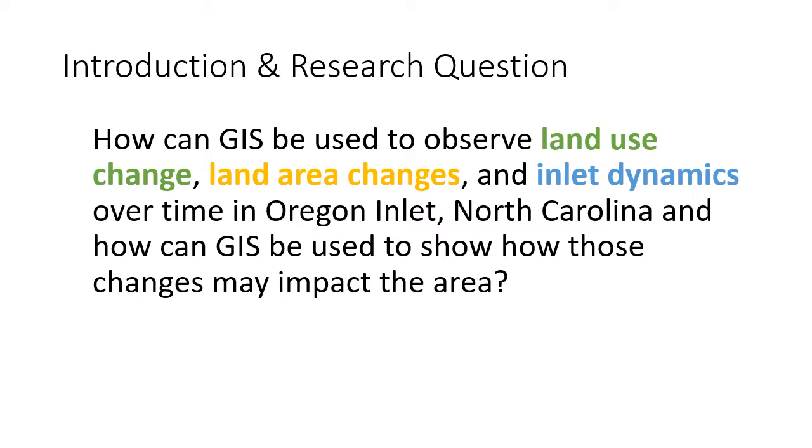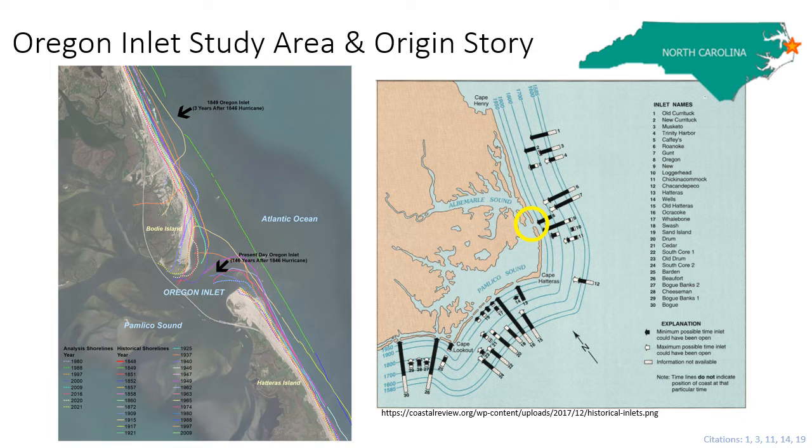And how can we use past observations to prepare for future changes caused by environmental and human pressure? And is there a way to balance the natural processes of dynamic inlets in a way that maintains accessibility via existing infrastructure? So here's a little bit of background about Oregon Inlet.